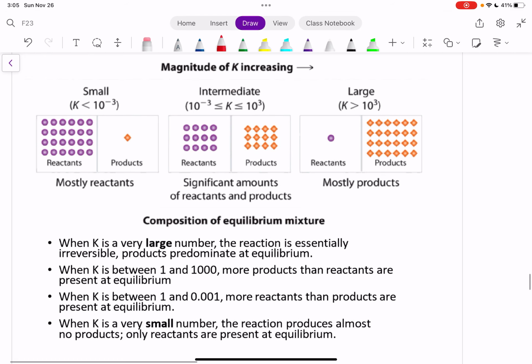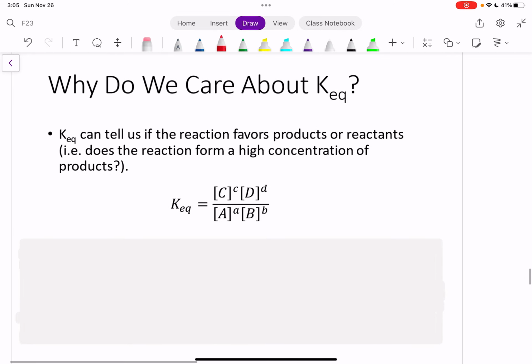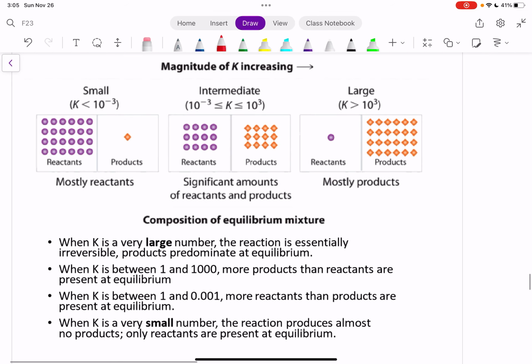So here's just a quick cheat sheet for what a K value means. So for instance, what we're going to do eventually is plug in some concentrations for these numbers here. And eventually we're going to get some number out for KEQ. And that number can either be small or large.